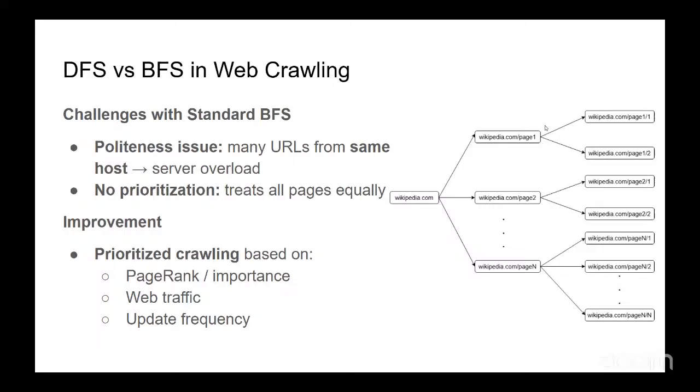You will see that most of the time, like 90% of the time, the links on the web page point back to the same host, wikipedia.com. So you have a lot of URLs pointing to the same host in the FIFO queue, and you are sending a lot of multiple requests to the same host, which will overload the server.